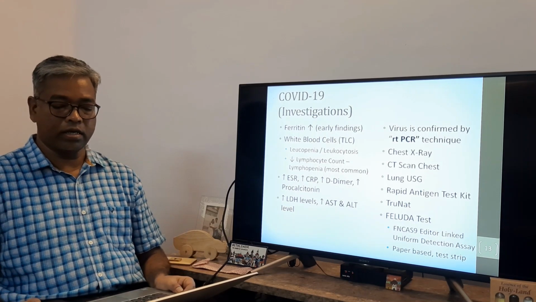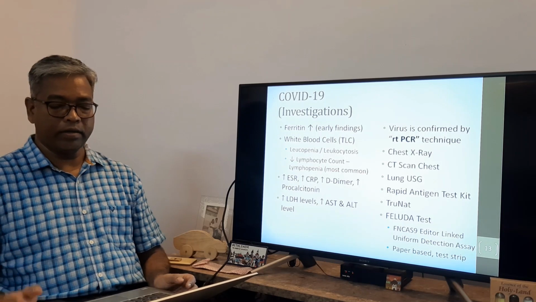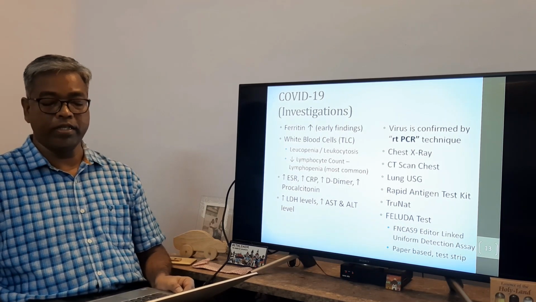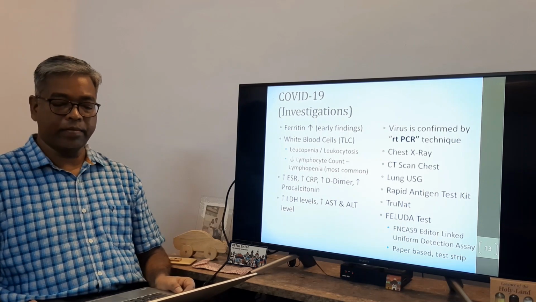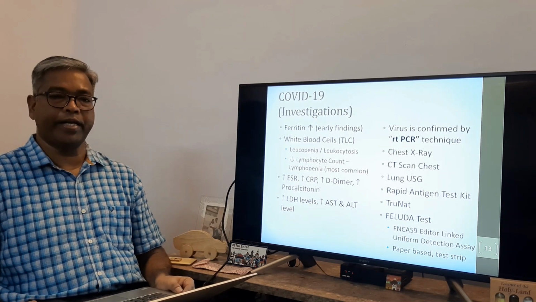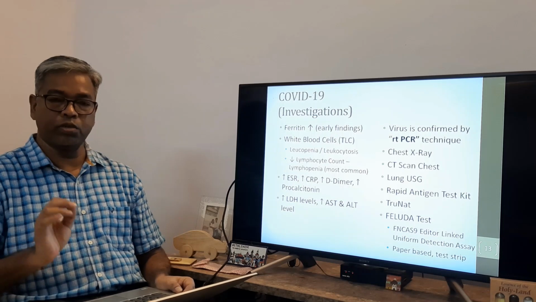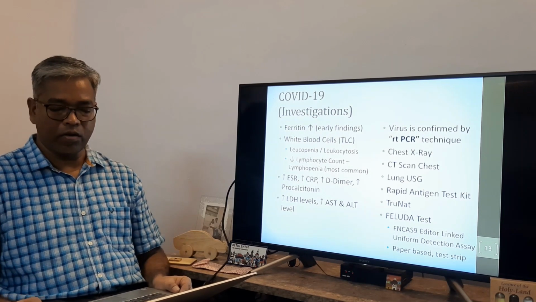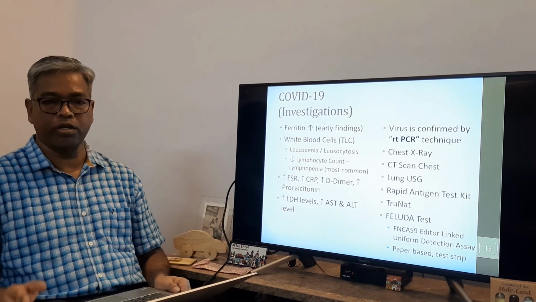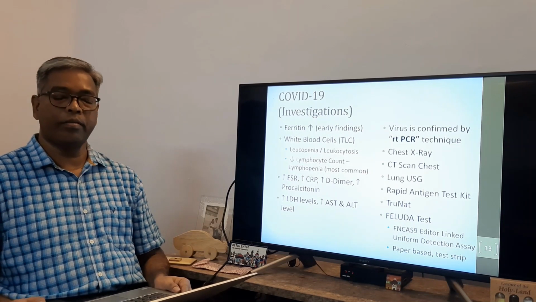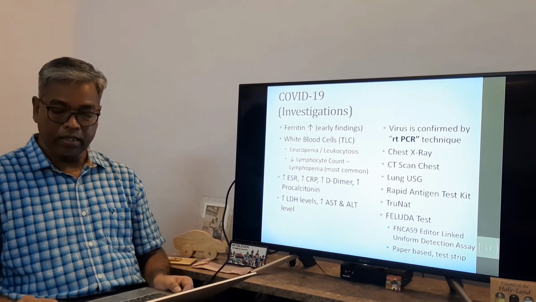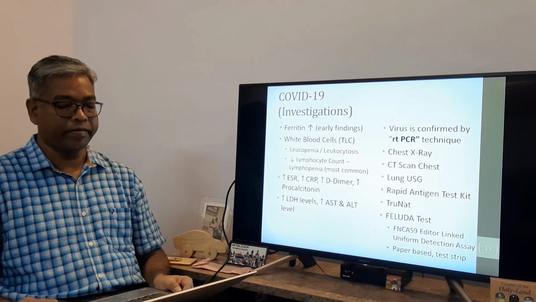This is FNAS9 editor-linked uniform detection assay, and it's a paper-based strip test. So you just do it, and again in 30 minutes, the results are out. I'm not sure about the cost also, because they have also not put it. But it's a paper strip, and they will just do the testing, and in 30 minutes the results are there.